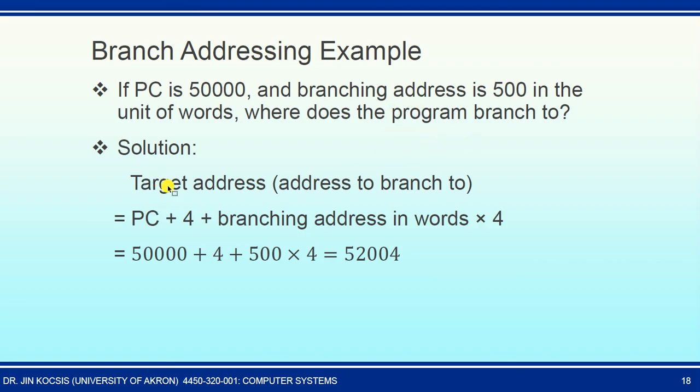I tell you the immediate field and the program counter, and I want you to tell me the target address, which is the memory address of the instruction with the label, equal to PC plus 4 plus immediate field times 4. PC is 50,000, and the immediate field value is 500. Therefore, you plug in, and you will get your target address as follows. Hope it is clear.